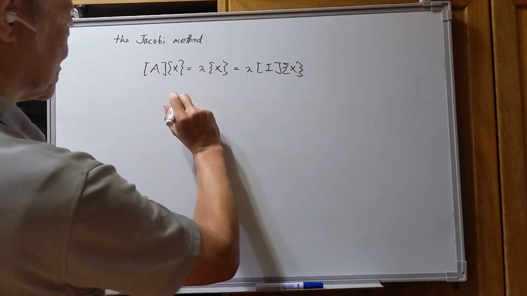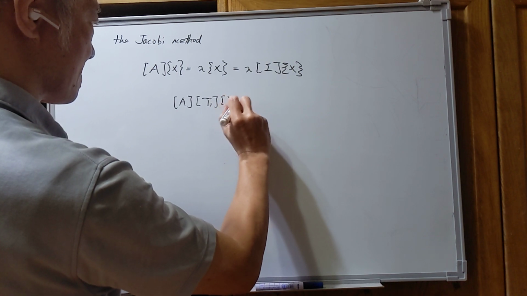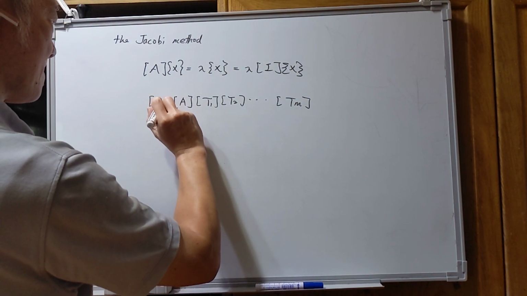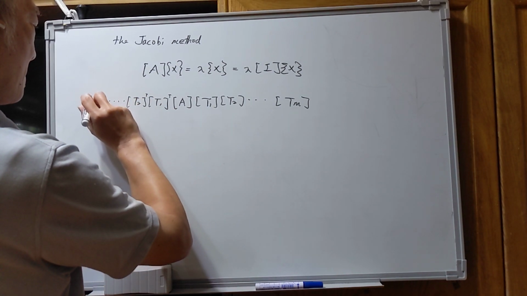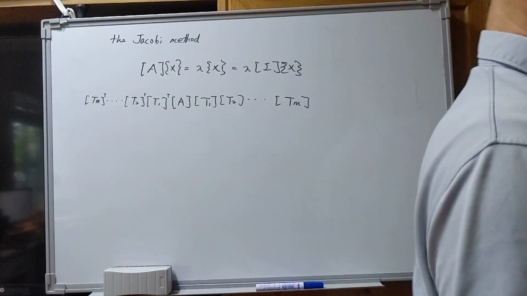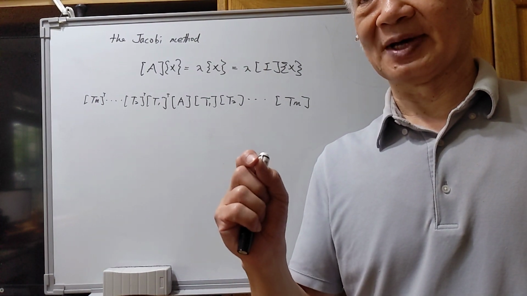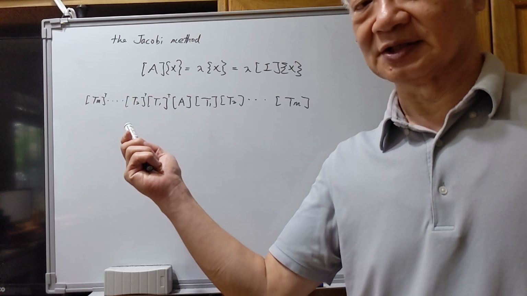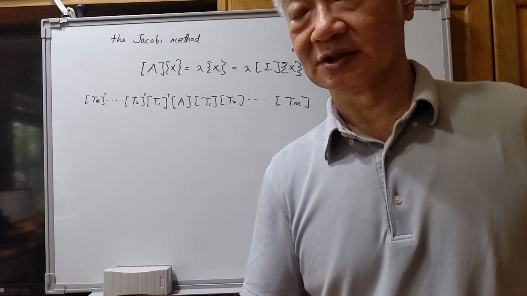If we follow the Jacobi's method, we always find the off-diagonal element with the maximum absolute value, and then we post-multiply by T1 and pre-multiply by T1 transpose to make that element equal to zero.